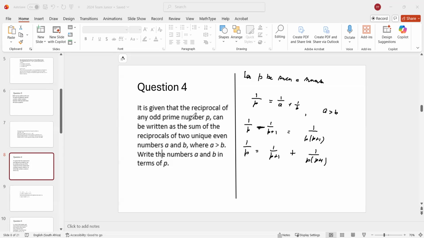You have that the reciprocal of the odd number P is the sum of the reciprocals of two unique even numbers, A and B. Well, if P is odd, then P plus 1 is certainly even. And this is the next one, P plus 1 is an even number at the bottom.